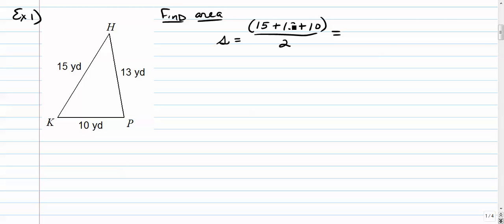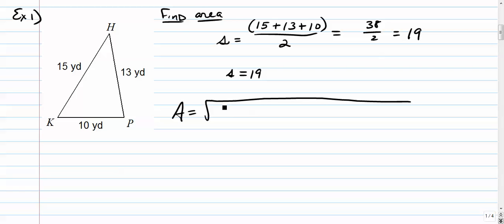That'll be, let's see, 28 and 10 is 38 over 2. So s is 19. That's our semi-perimeter.